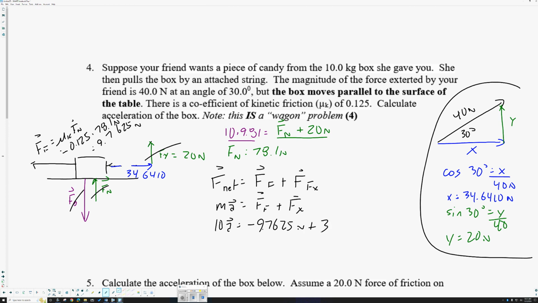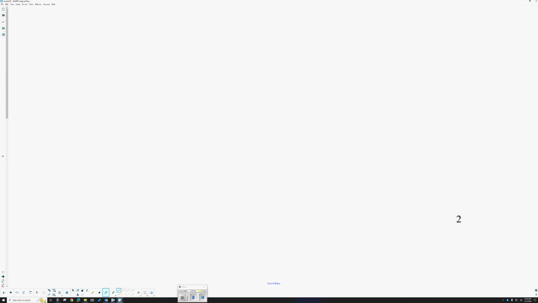And then the X component of the applied force is 34.6410 newtons. Now take those numbers on the right side, divide by 10 to get the acceleration, and I get 2.49 meters per second squared. I believe those of you who made the normal force just m times g, or 98.1, get 2.24 meters per second squared. You would have lost 1 point if you did that.